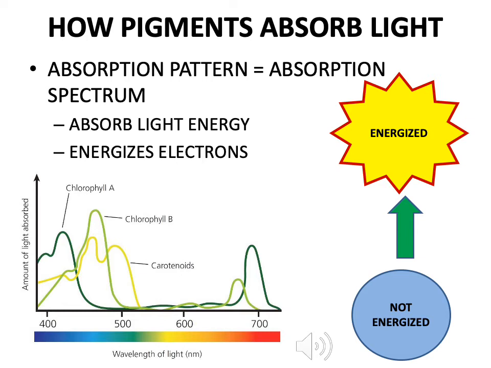And because they absorb light energy differently, each one by itself is not adequate to doing the best possible job. We use them all three together to maximize the amount of energy we can absorb so we can energize electrons so that we can make those food molecules.